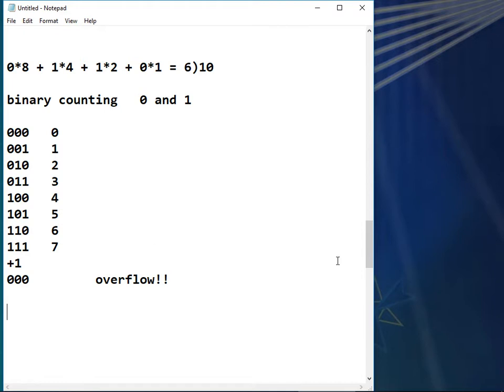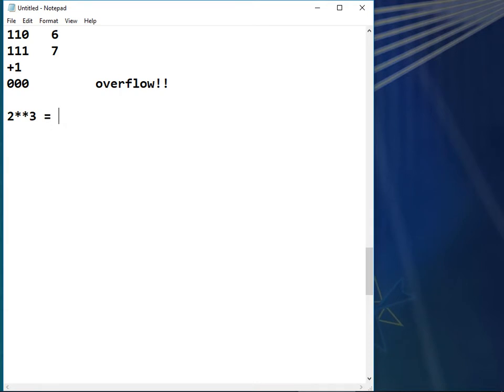So if we want to go up to 7, and we wanted to know how many different possibilities there are, there happens to be a formula for it. 2 to the power of 3 is equal to 8. We have 3 bits. 3 bits can hold 8 different possibilities from 0 up to 7.